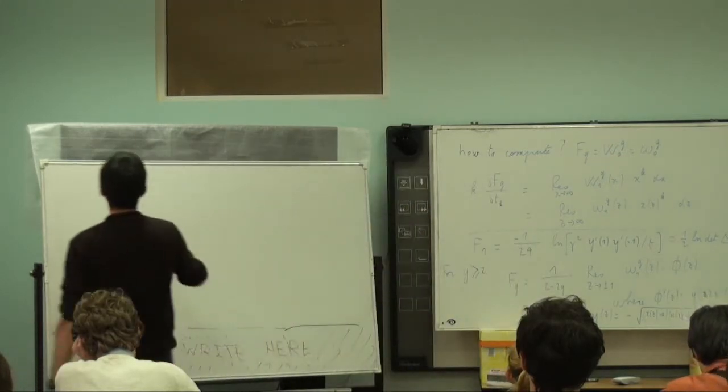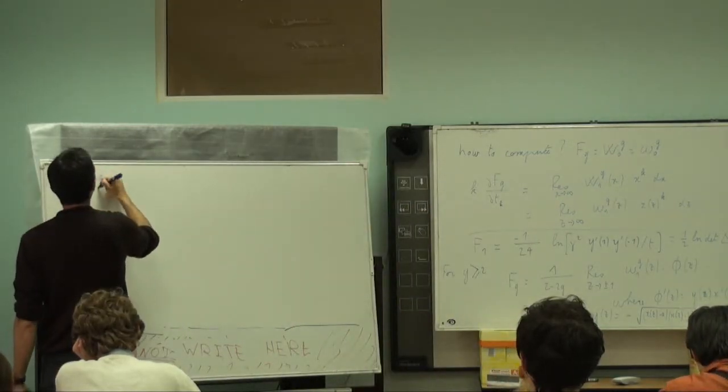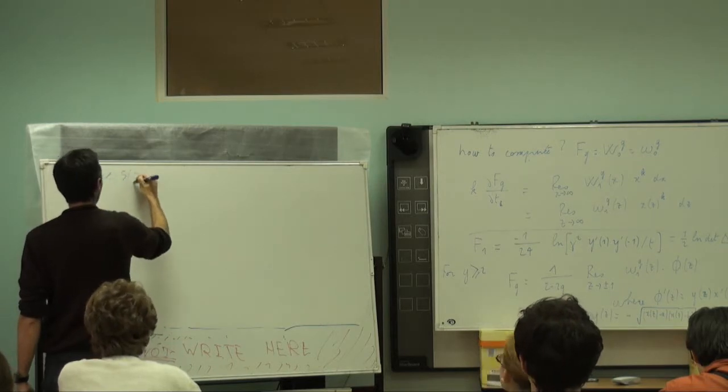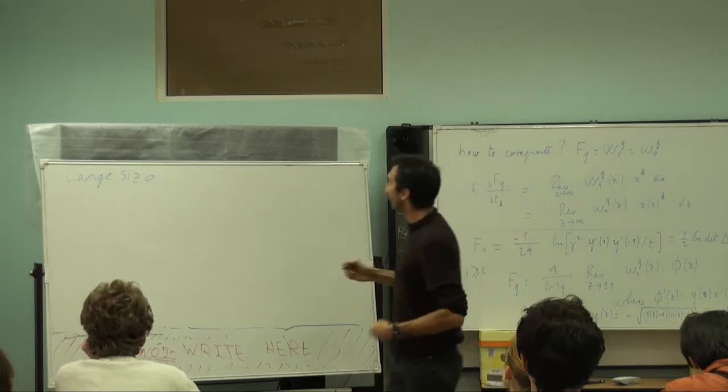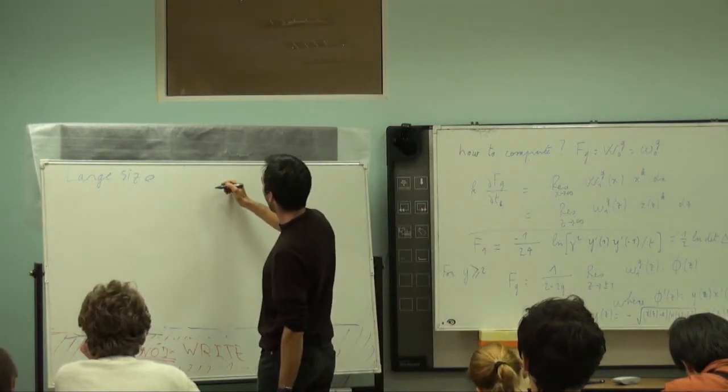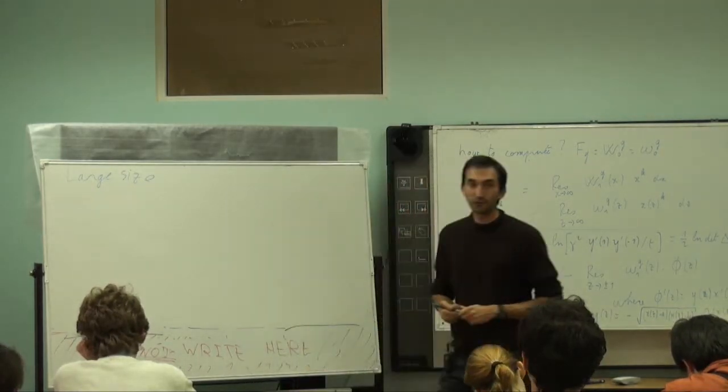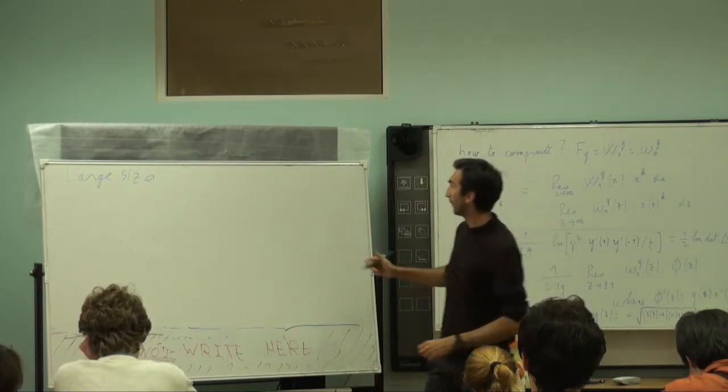So, large size. The question is, how do those generating functions behave when we want to count?